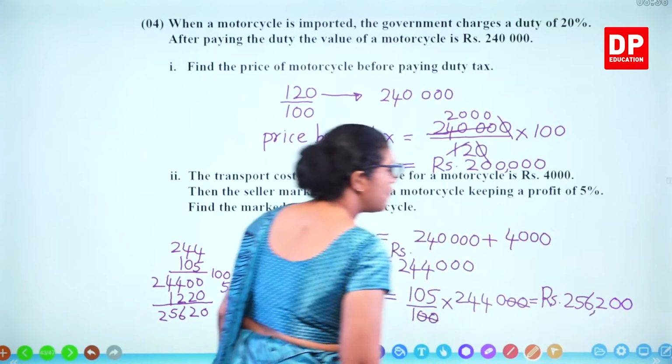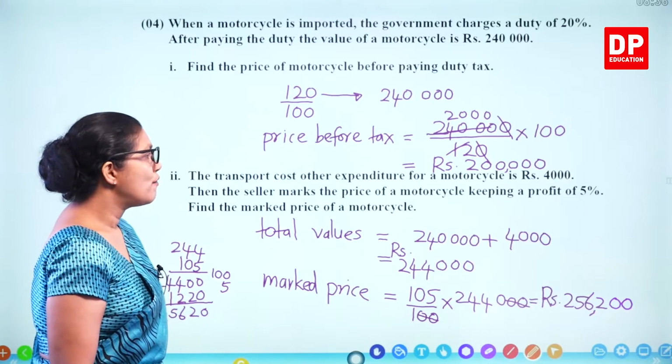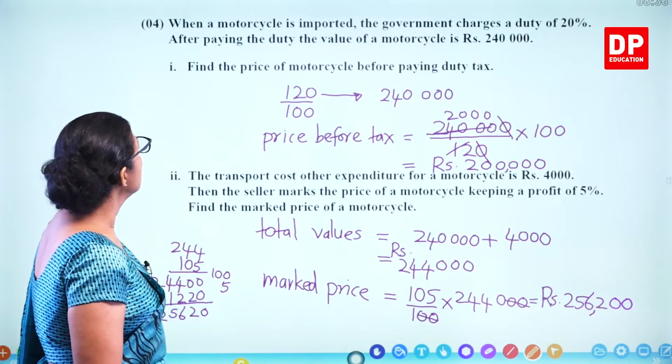So 256,200 rupees is the marked price with the 5% profit.